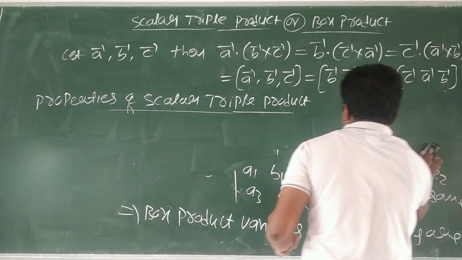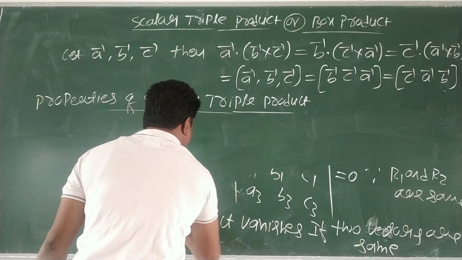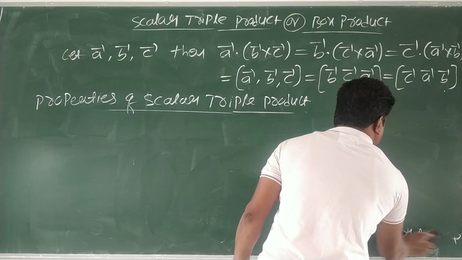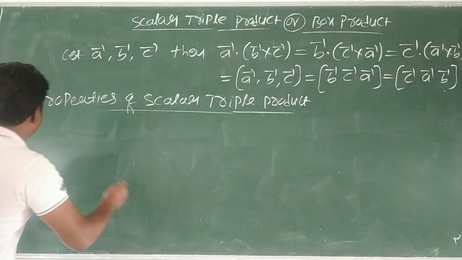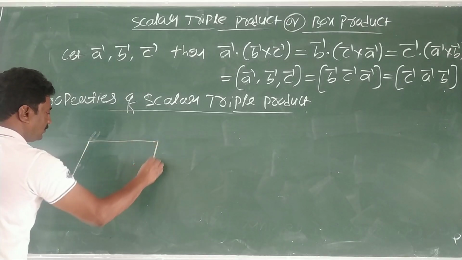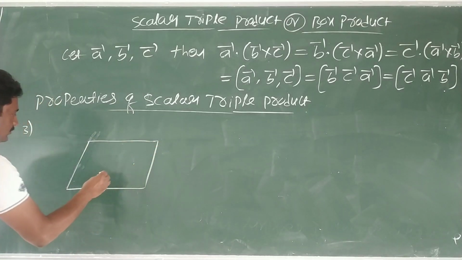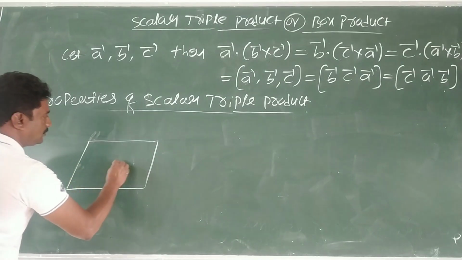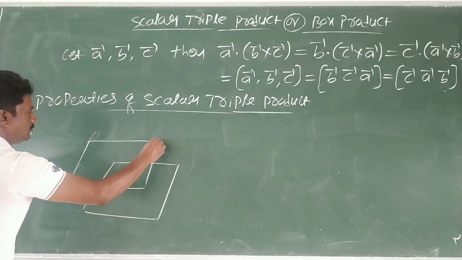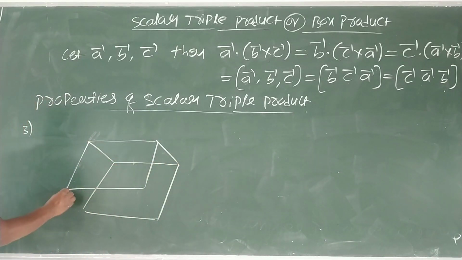Let us go for one more property. Property number 3. So look at this. This is a box. I draw a box.